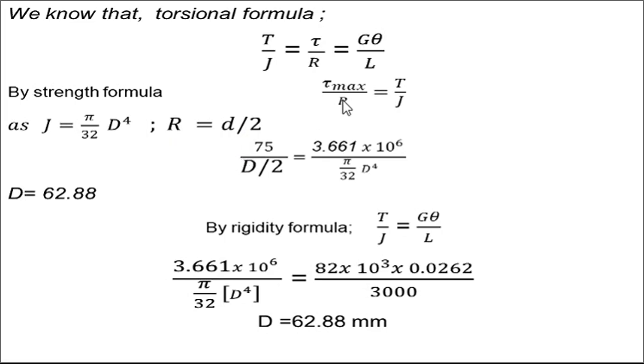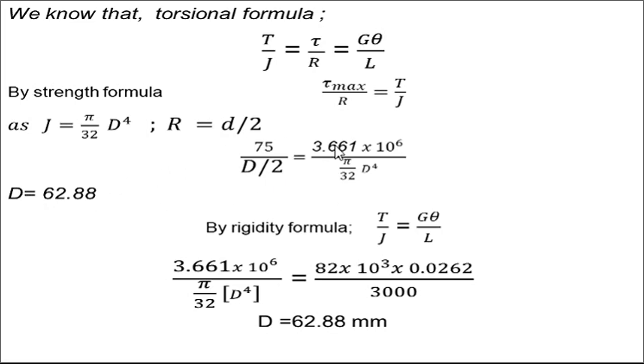So put in the values: tau max, the maximum shear stress, is 75, radius is diameter by 2, the torque we determined earlier is 3.661 into 10 raised to 6, and J is the polar moment of inertia, whose formula is also known. By solving this, there is only one unknown, the capital D, and you can calculate this capital D value, the diameter of the shaft.